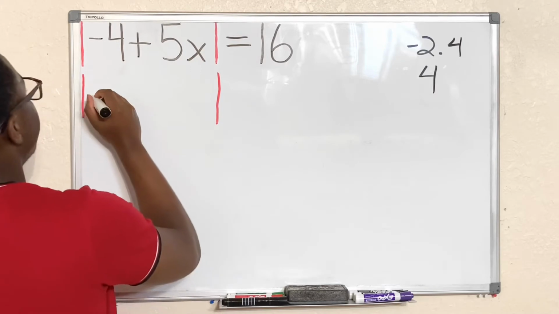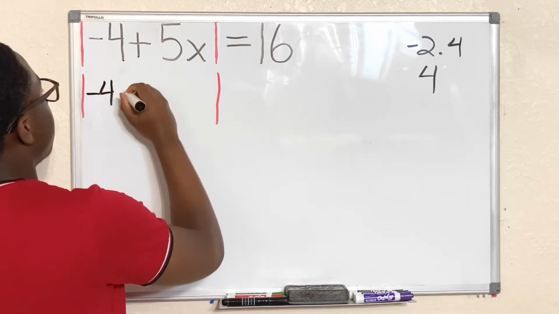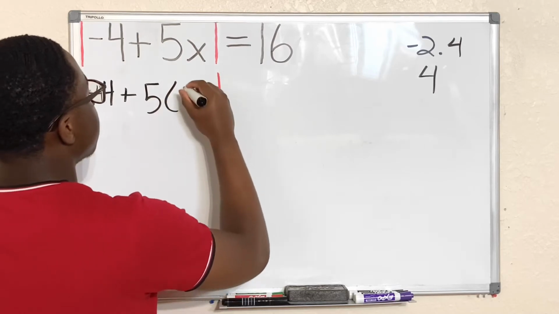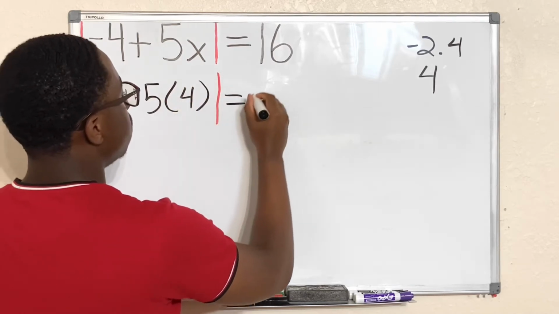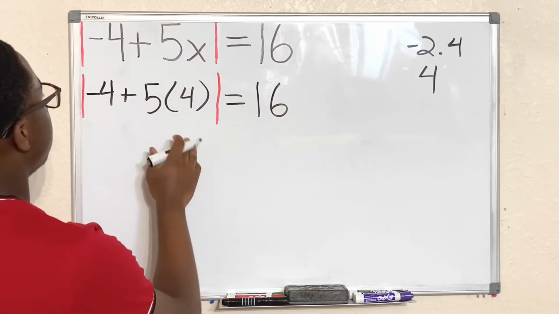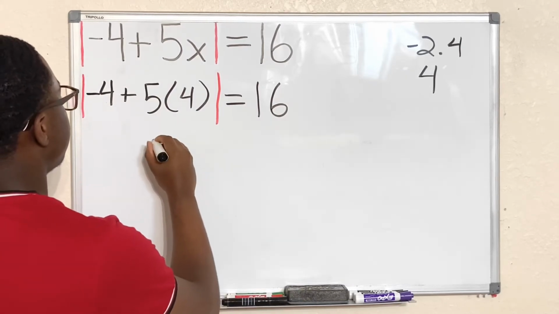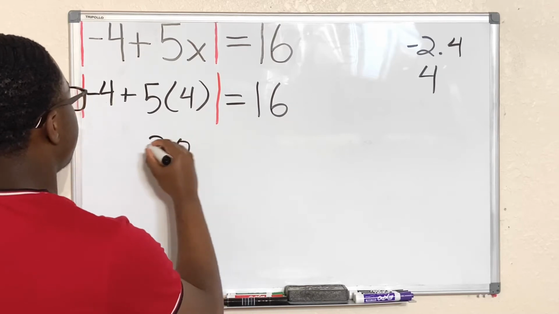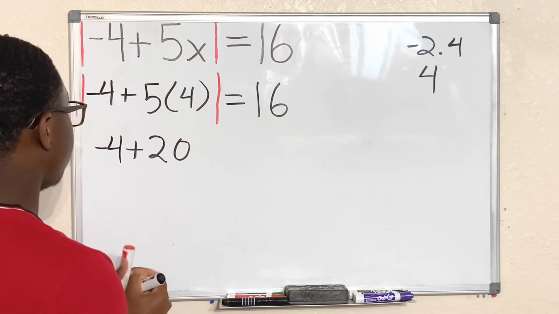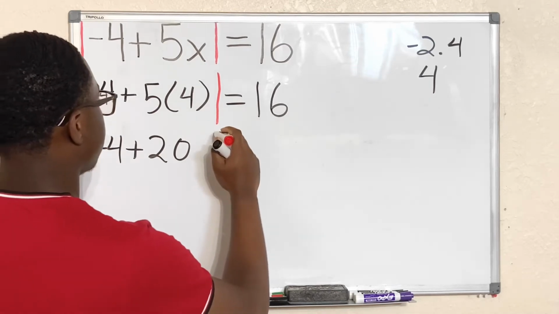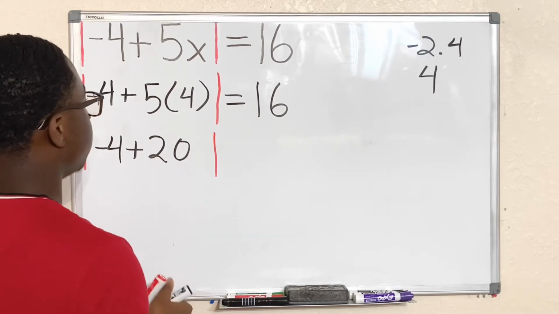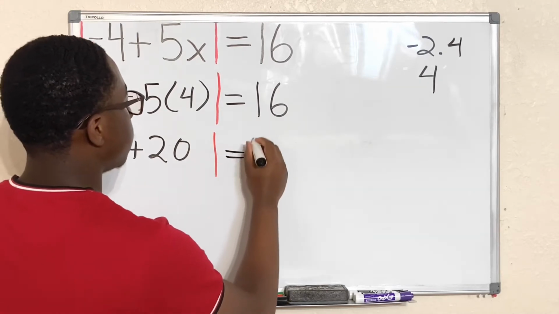So we have our -4 plus 5, and remember x is going to be represented as 4, is equal to 16. Now we plug our values in, so 4 times 5 is 20. Plus our -4. And remember, absolute value bars. All of it should equal 16.